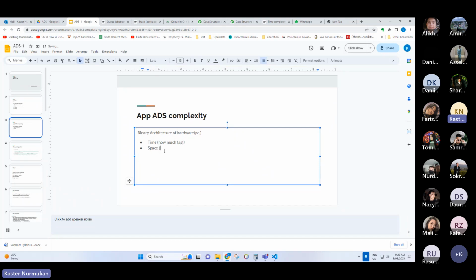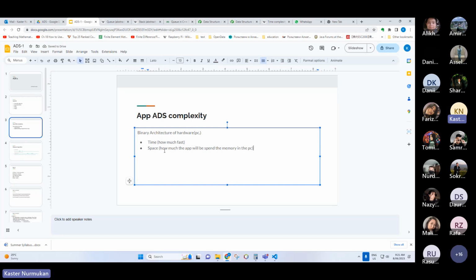Space is how much memory the application will spend in the PC, in the operating system, in the memory. That's what we are trying to understand.